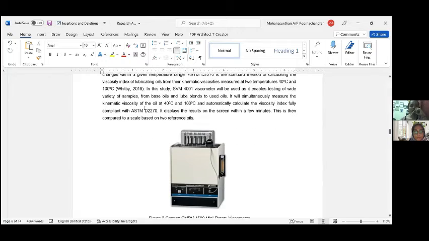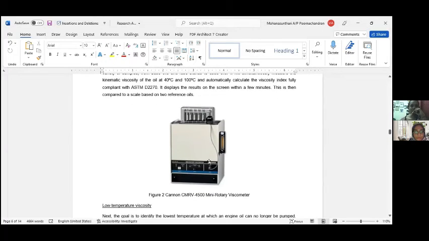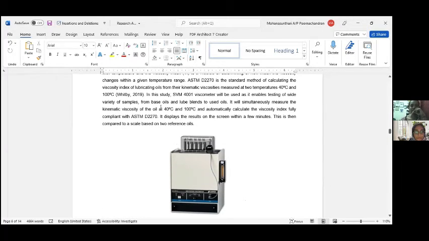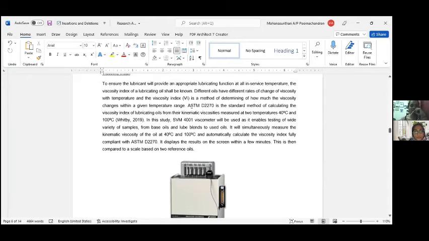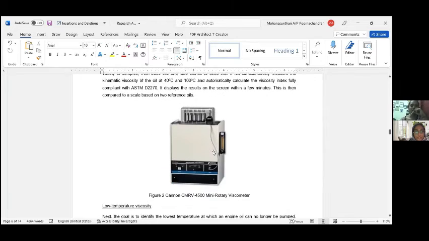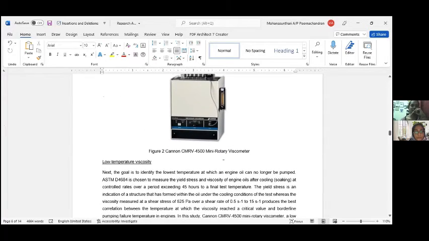The standard method last time was to take the kinematic viscosity at 40 and 100, then extrapolate to get the reading of the VI.